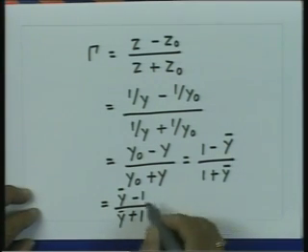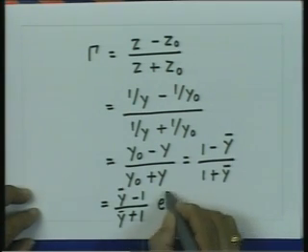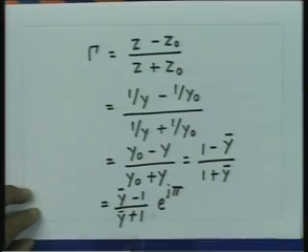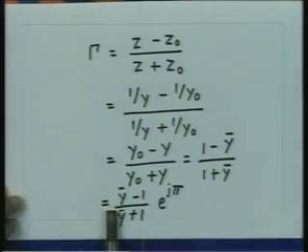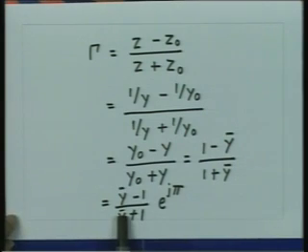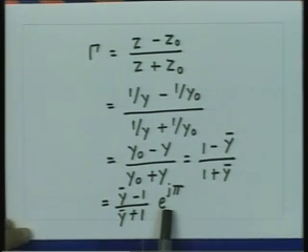So, this is same as e to the power j pi. So, a reflection coefficient, if I write in terms of normalized admittances, is same as if I had got the reflection coefficient by using normalized impedance, except there is going to be a phase change of pi.